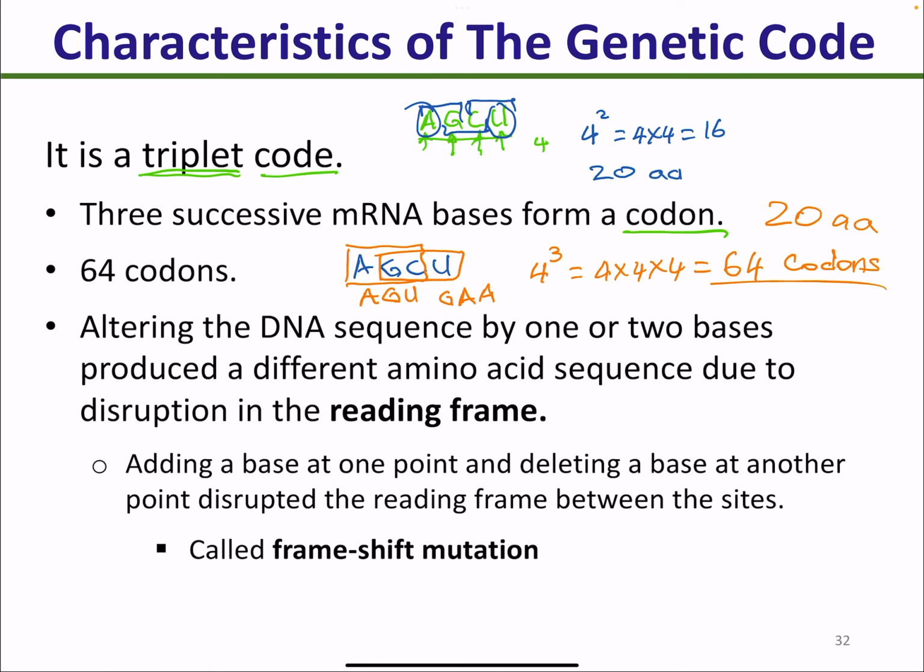In other words, you're going to have one amino acid for multiple codons for some of the amino acids, right? That is actually what biologists discovered, okay? And they found that if you modify the sequence of nucleotides in such a way that you take away one nucleotide or two nucleotides, you are going to change the sequence of amino acids that you get at the end of the day.